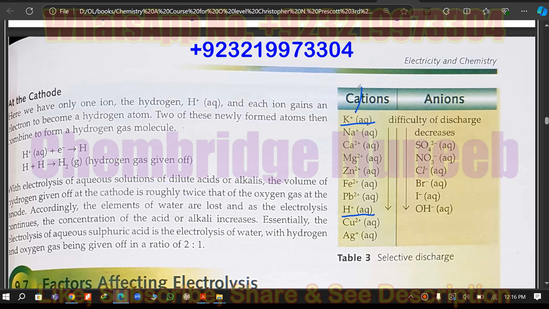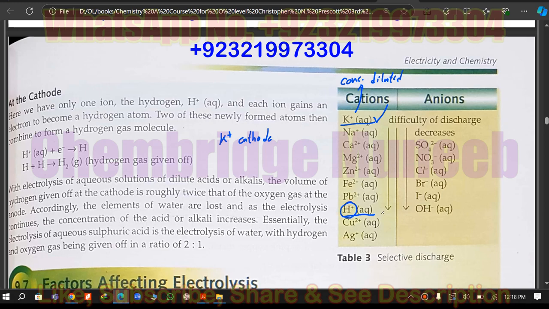So regardless which type of solution it is, concentrated or diluted, in both cases the potassium ions will not be discharged, because potassium ion lies very far from hydrogen ions. My mistake. The ease of discharge of the hydrogen ions is very easy.